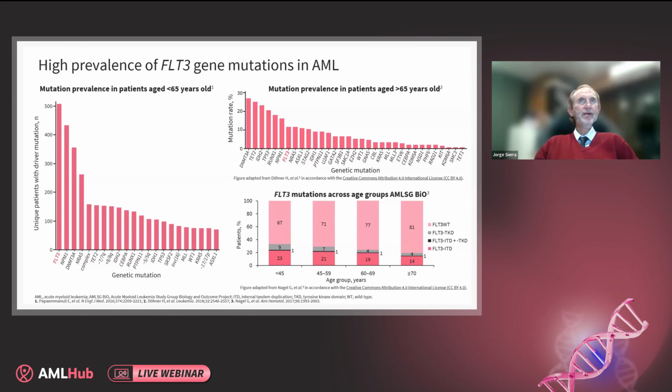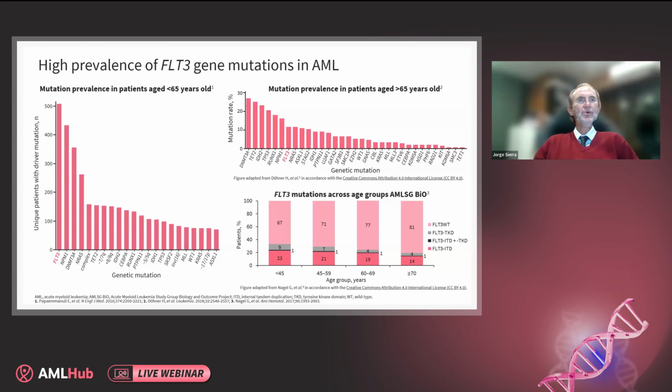In patients above 65 years old, this is a series from the AZA AML-001 trial comparing azacitidine with conventional care, we can see that the most frequent mutation is DNMT3A, followed by TET2, IDH, TP53, RUNX1, NPM1, and FLT3 is the 7th in frequency.